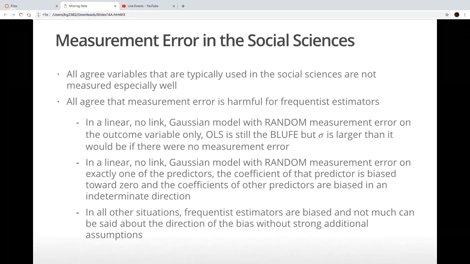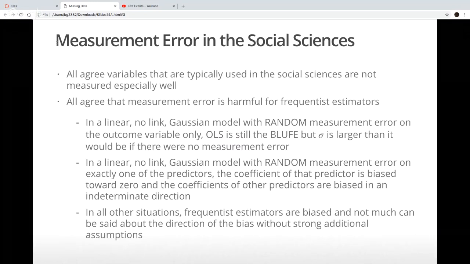Anyway, literally everyone agrees that variables that are typically used in the social sciences differ from the true concepts they're intended to be operationalizations of by a considerable margin.